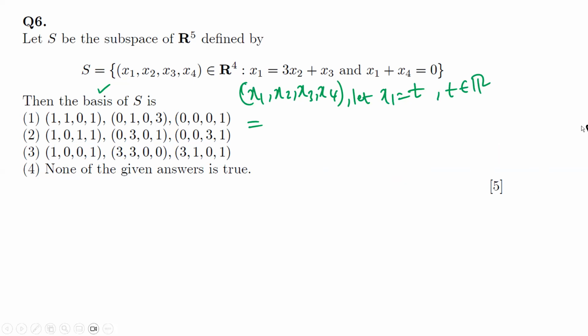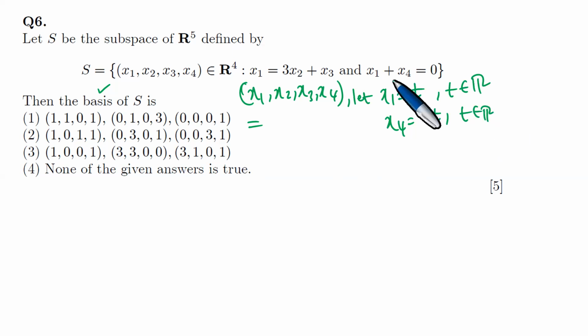You can write it like that. x1 is t, and then you continue with the next one. That would mean that x4 is going to be minus x1, so it's minus t. Obviously, t is in R.